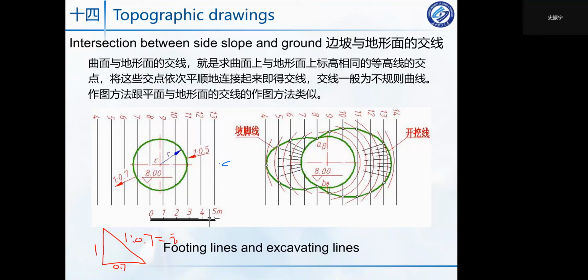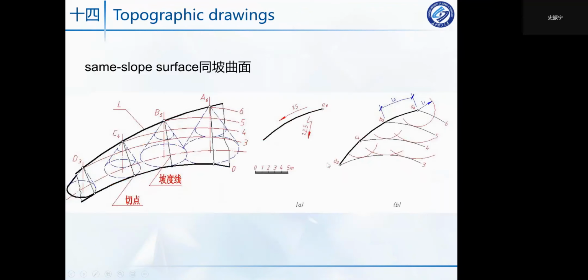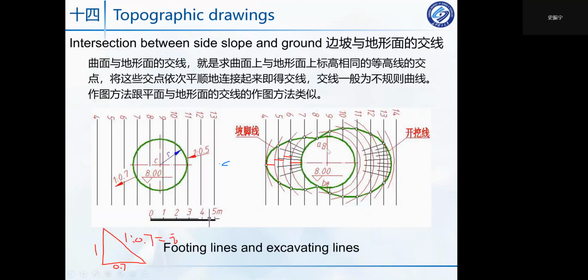Okay, so you can draw a circle, and this interval is 0.7, and this one is also 0.7, 0.7, and 0.7. And all of these contour lines have the same center, the center of the plate.